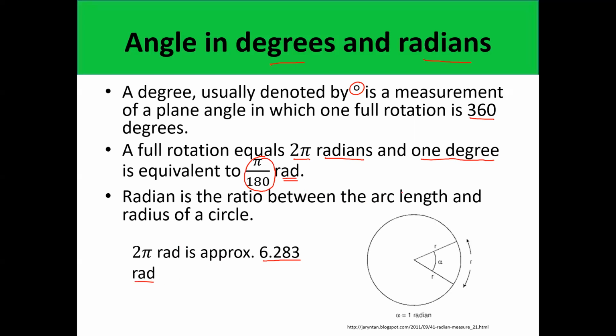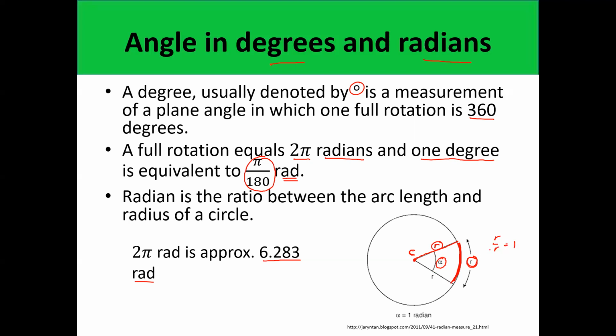Now, in the following figure, we see a circle having a center point here, which is C, and having a radius of length R. Observe that whenever we have an angle alpha here, this angle alpha intercepts a part of the circle, which is the arc, an arc in the circle of length R. So if we get the ratio of this arc length and the radius of the circle, we have R over R, which is equal to 1.